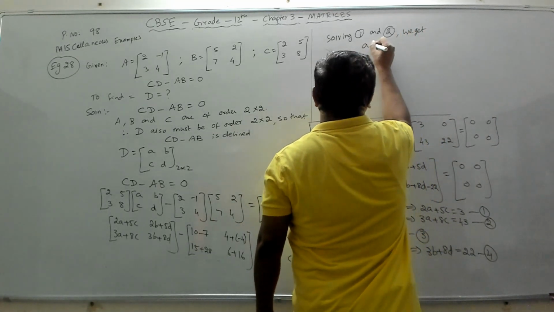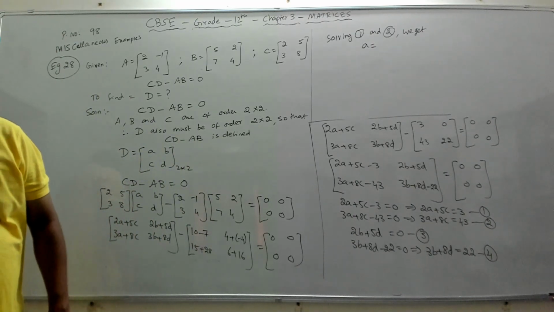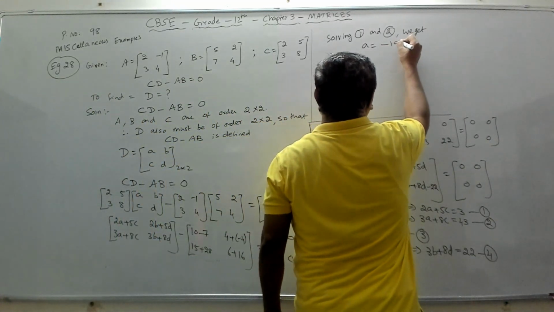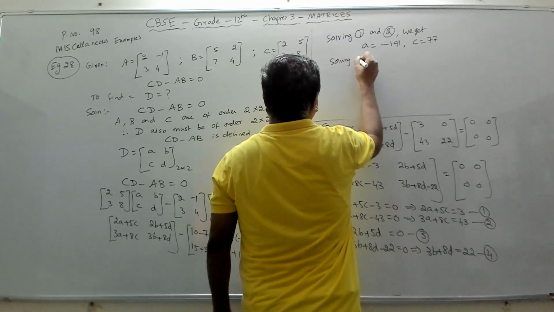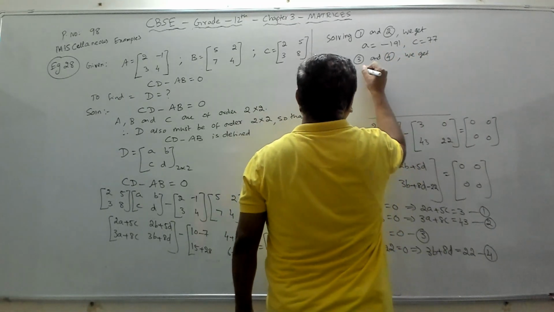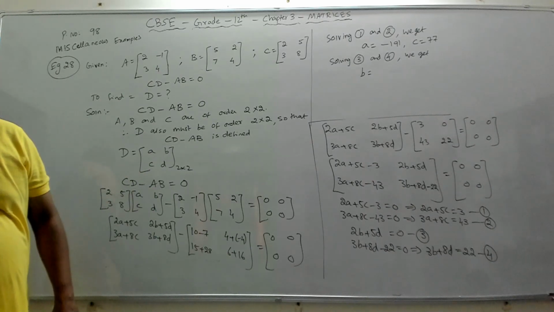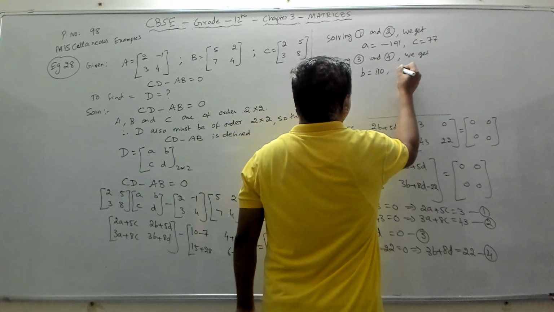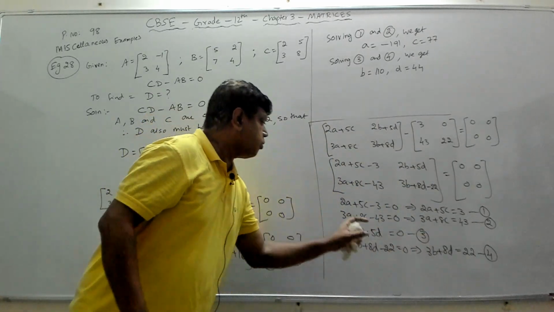You will get a as minus 191 and c as 77. Now again solving 3 and 4, we get b as minus 110 and d is 44. So this is what you will get if you solve these two equations, 3 and 4.